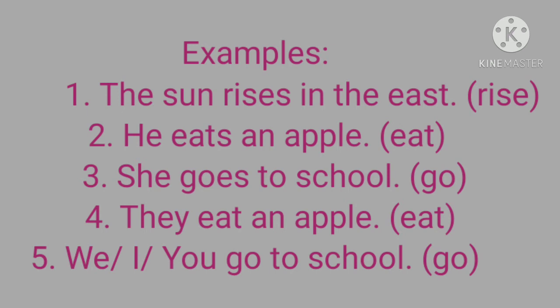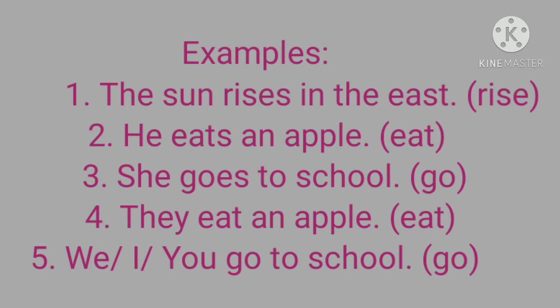Now I and you, they are singular. But still, when we write a sentence with these subjects, I and you, we never add an s or es. We write only go. So these are the changes of the verb that has to agree with the subject.